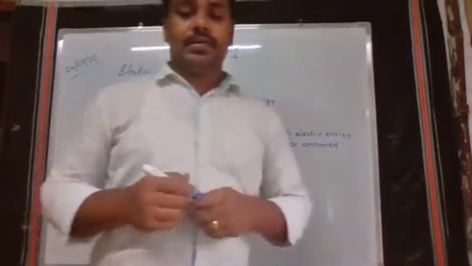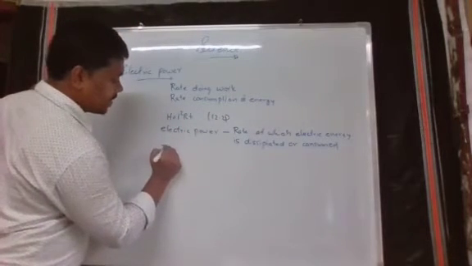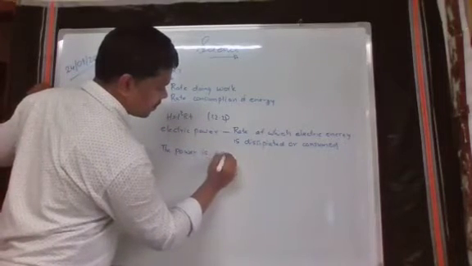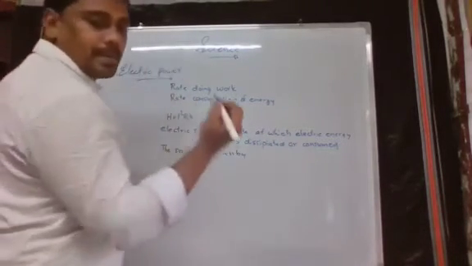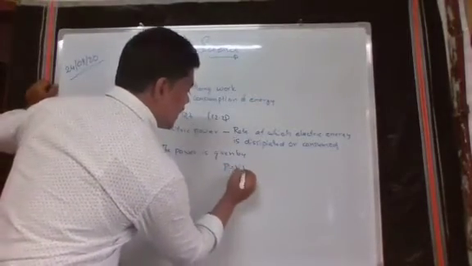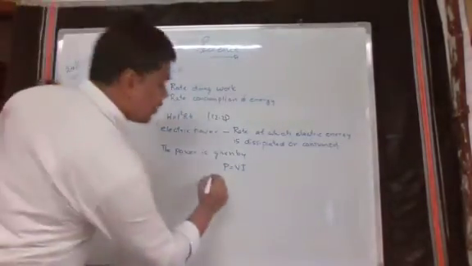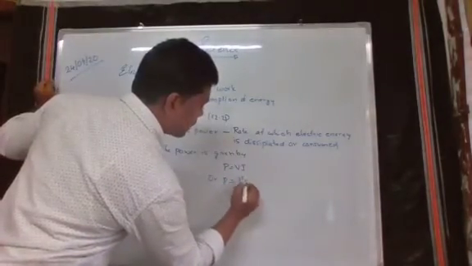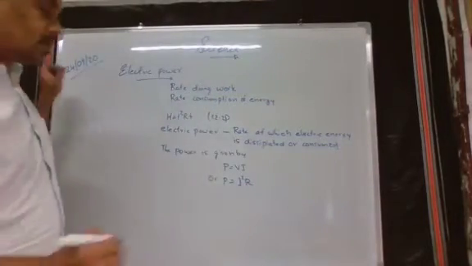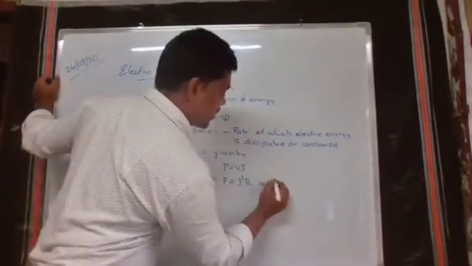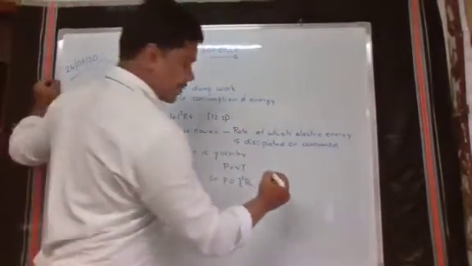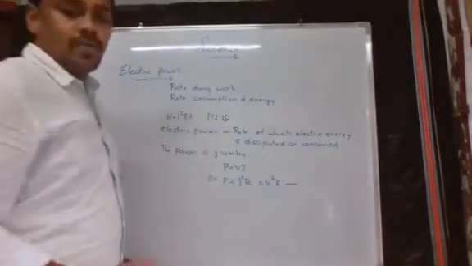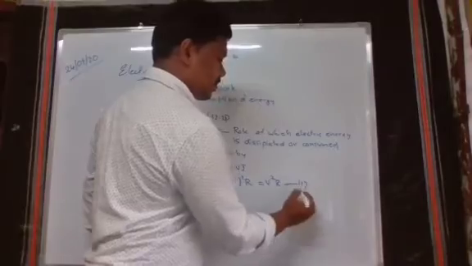Then the power is given by P is equal to VI, or P is equal to I square R, which is equal to V square by R. This is equation 1.